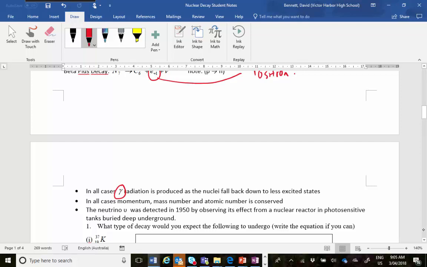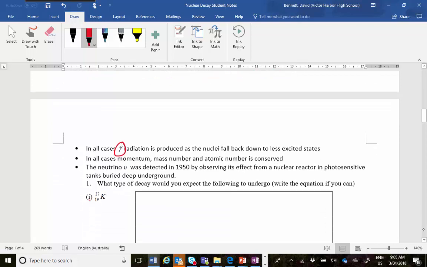In all cases, the momentum, mass number and atomic number are conserved. We have to have conservation of everything in physics. Another important fact is that there is a thing called a neutrino, which was discovered in 1950. It was observed from a nuclear reactor in a photosensitive tank buried deep underground.